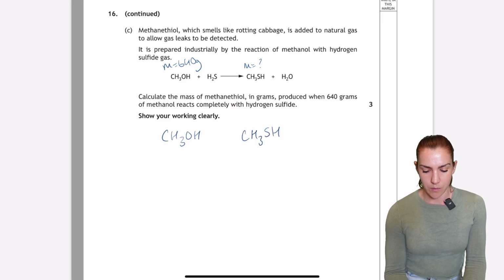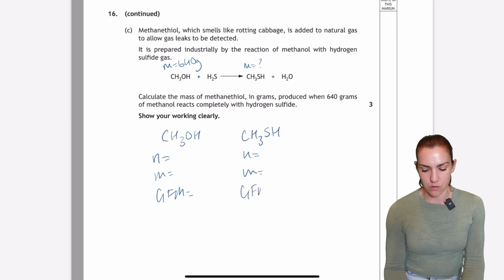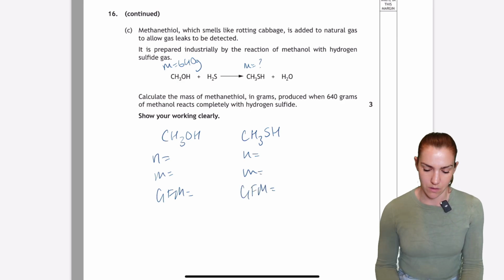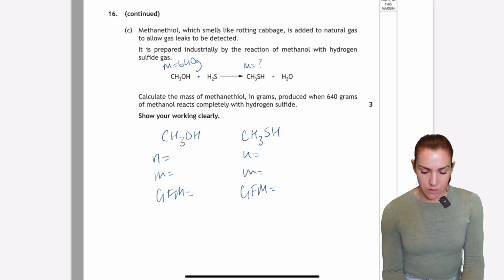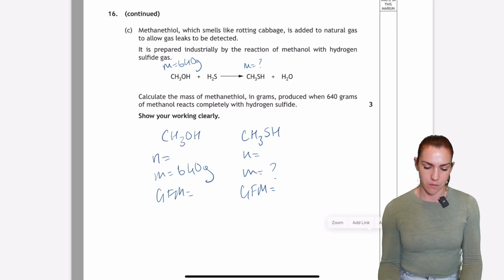and then both of them are masses, so it's going to be NM, GFM underneath both. You can do this by the proportion method. If that's the way you do it, just make sure you end up with the final answer that I end up getting here. So 640 grams, question mark, and then the GFMs of these, we need to work them out.